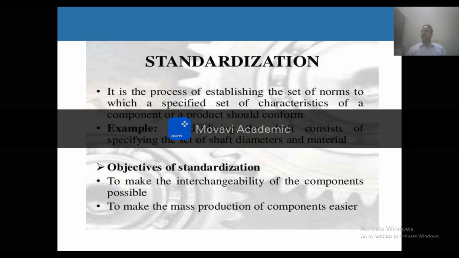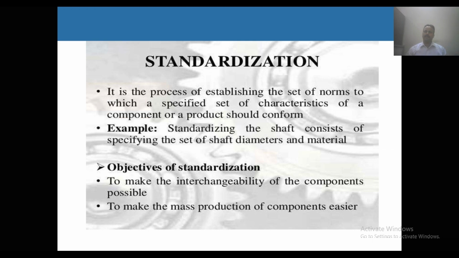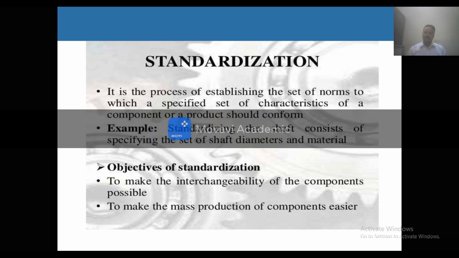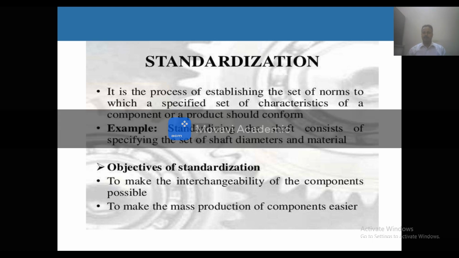Now, standardization means, let us say we are selling a vehicle, let us say a car. So, if we are selling an Alto car, the tire specifications are mentioned in the manual. It is not compulsory for the owner to get the tires replaced by the parent company. He has a variety of choices.